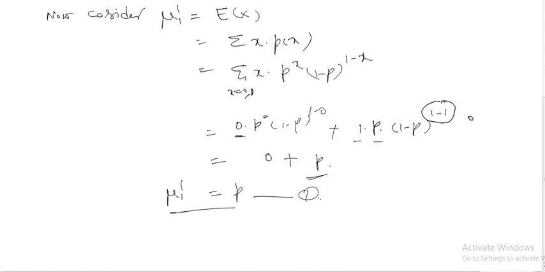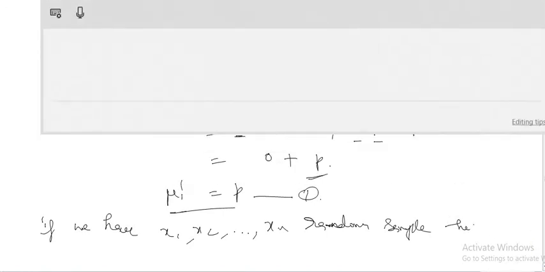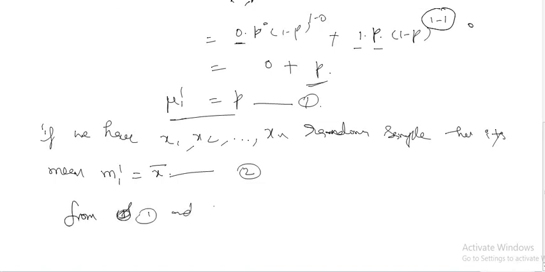That is the population. Now, if we have a random sample, then its mean m1 dash equals x bar, summed from i equals 1 until n. This is equation 2. mu1 dash is p, m1 dash is x bar.